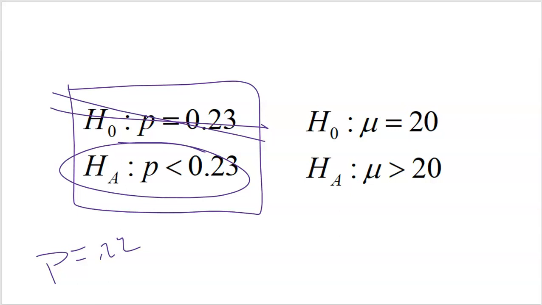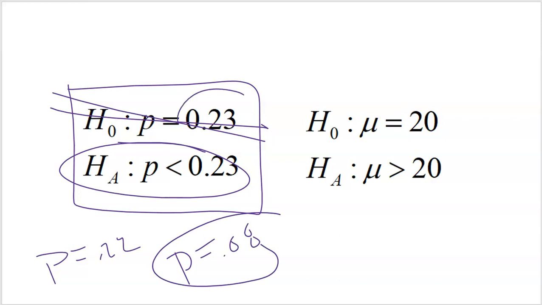But the point I'm trying to make is that might be hard to see because 22 is only a little bit less than 23%. But if the truth is something like 8%, way far away from the null, then it's going to be easier for me to see that and conclude that the alternative is true.